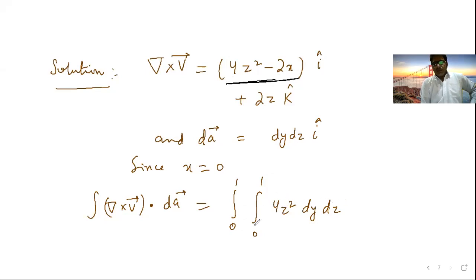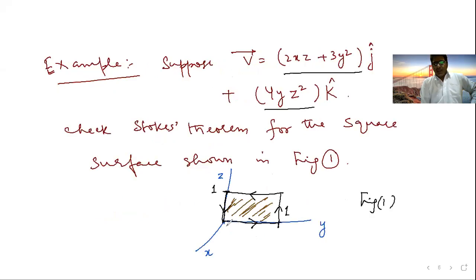The limits will be 0 to 1 on y and z, because my area goes along y 0 to 1. I have to move from 0 to 1 to reach here, then 0 to 1 along z to reach here, to make up this area, right?